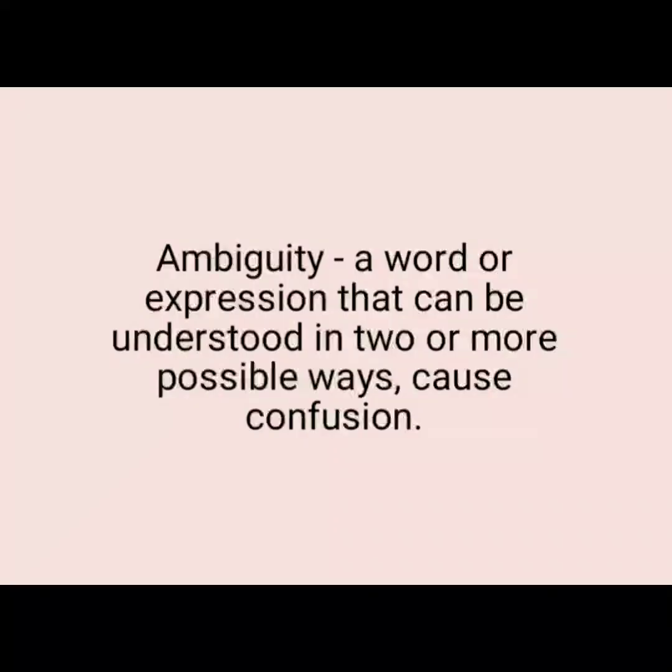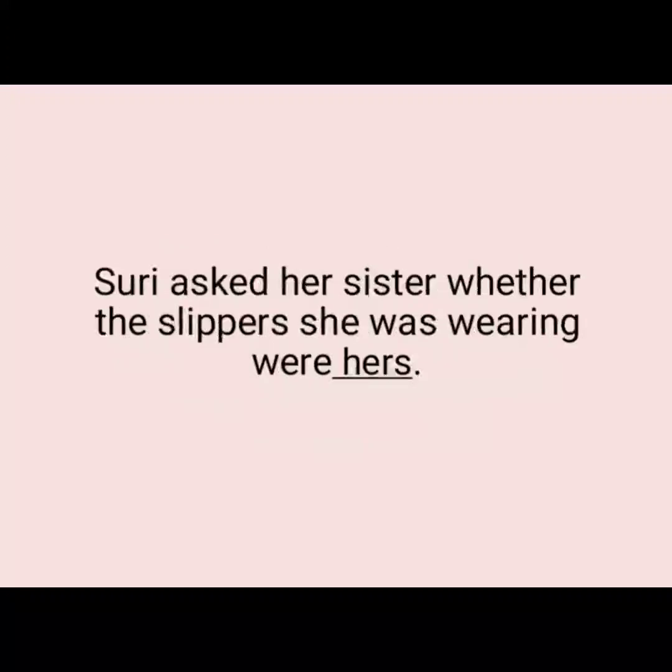Now, what is ambiguity? Ambiguity is a word or expression that can be understood in two or more possible ways and therefore cause confusion. For example, Suri asked her sister whether the slippers she was wearing were hers.